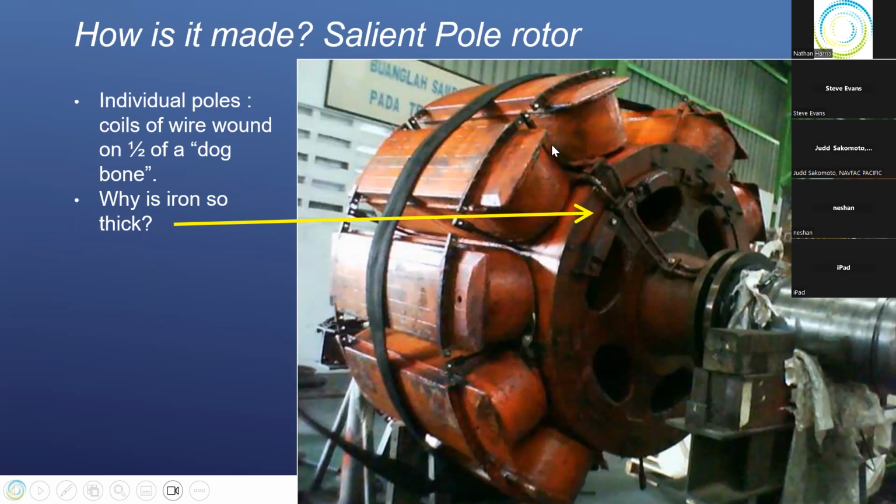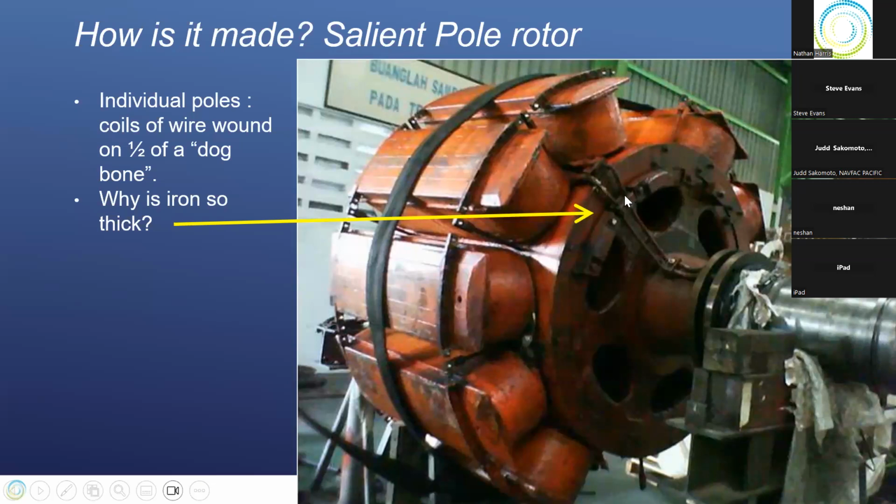So it's a little easier to fix these when it's a salient pole rotor, to unbolt these and pull them off. You can see the wires coming here that bring smaller amount of current, higher voltage a little bit, maybe 60 volts, maybe 50 volts, something like that, but a small amount of current here, relatively speaking, compared to the other one. And here's your slip rings here that bring the current onto the shaft from brushes.